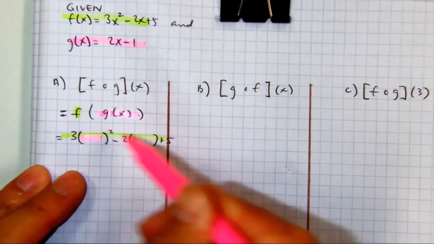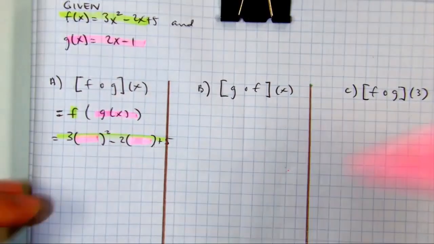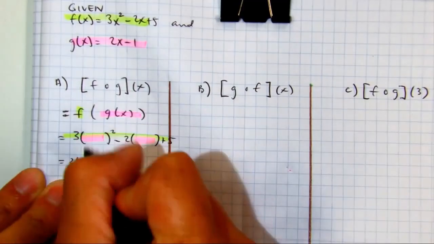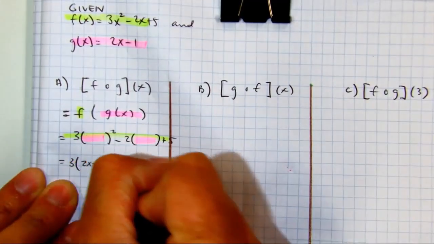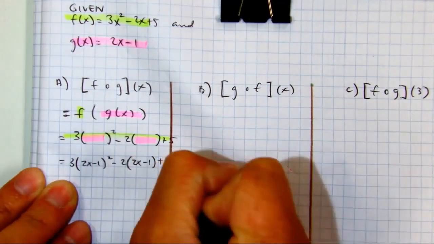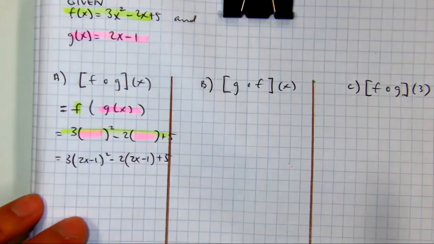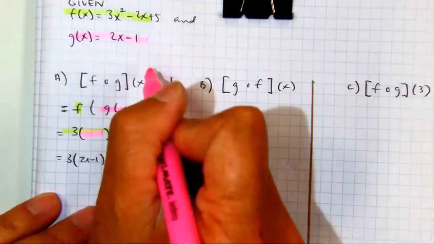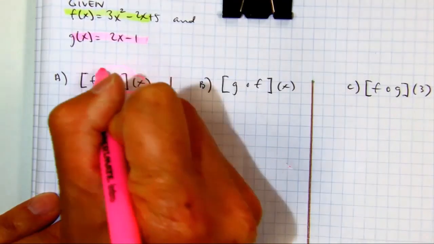The g of x. So 3 times 2x minus 1 squared minus 2 times 2x minus 1 plus 5. So what we're doing is you're basically putting this function into your f function.